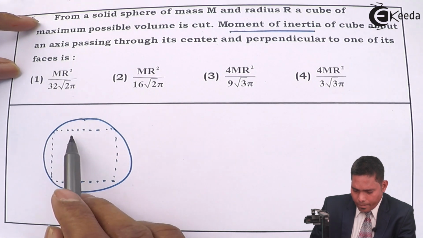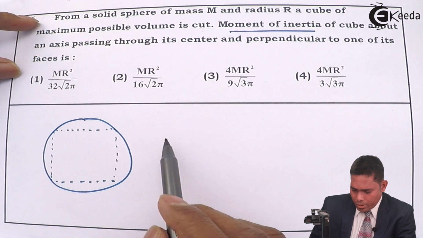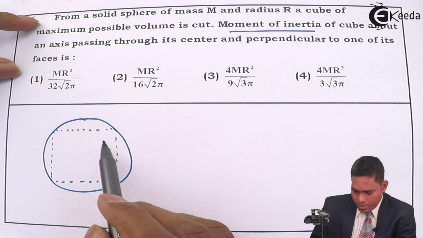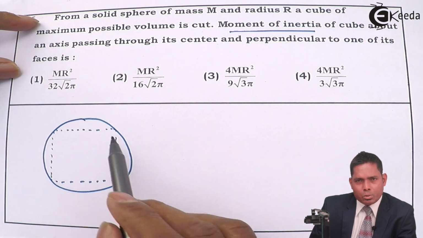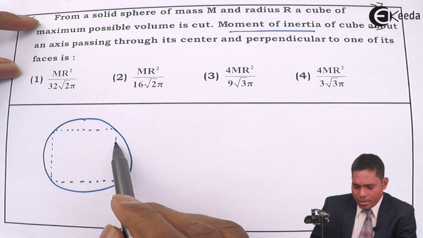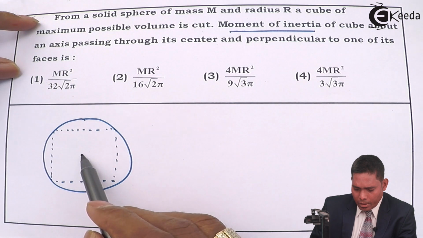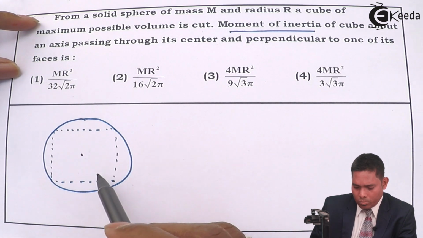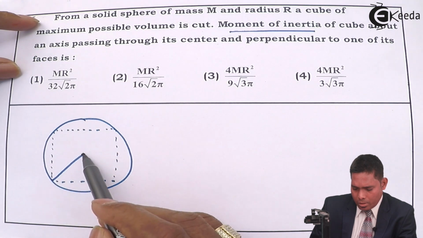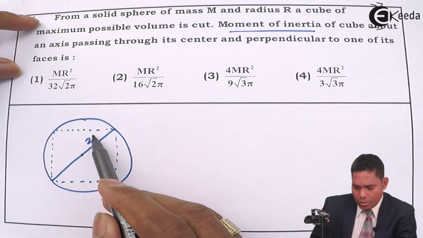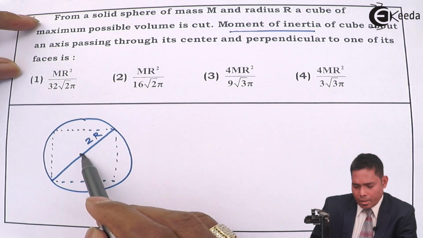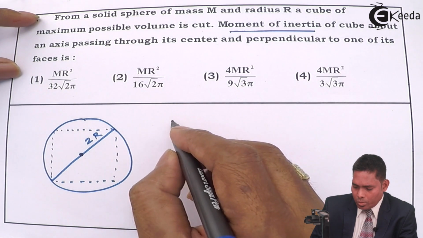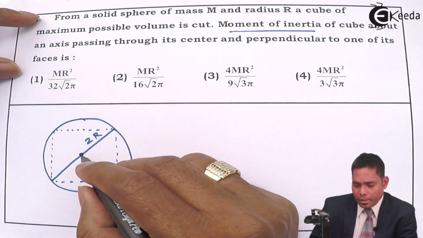Remember that this is the center of the sphere and this is also the center of the cube, and this distance for the sphere is twice the radius, that is the diameter, and that is also the body diagonal of the cube. So the diameter of the sphere is the body diagonal of the cube.